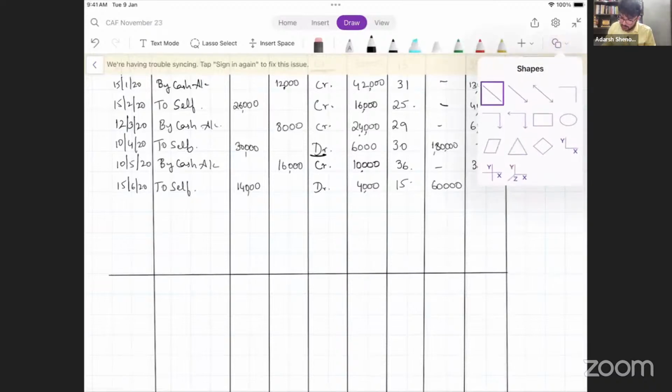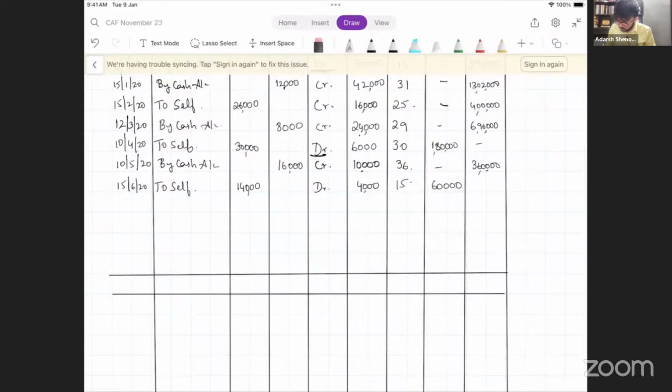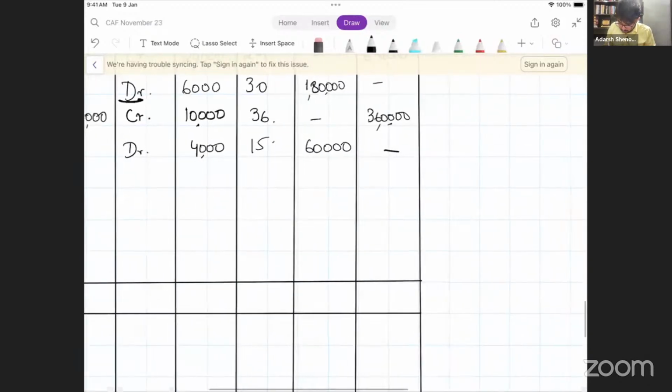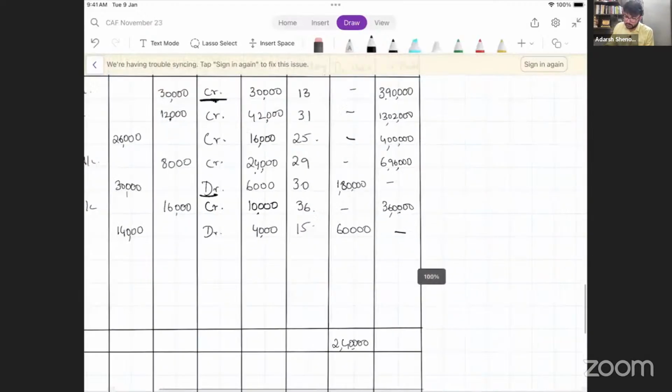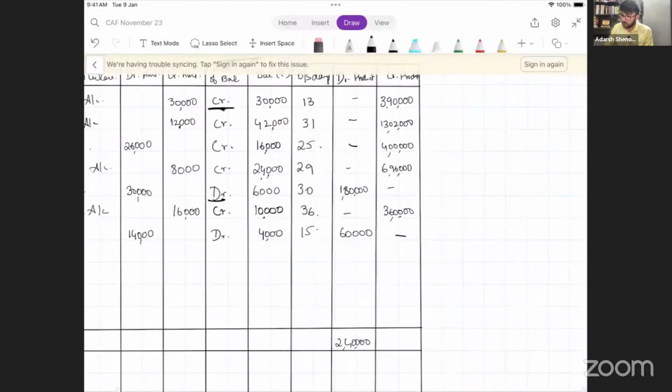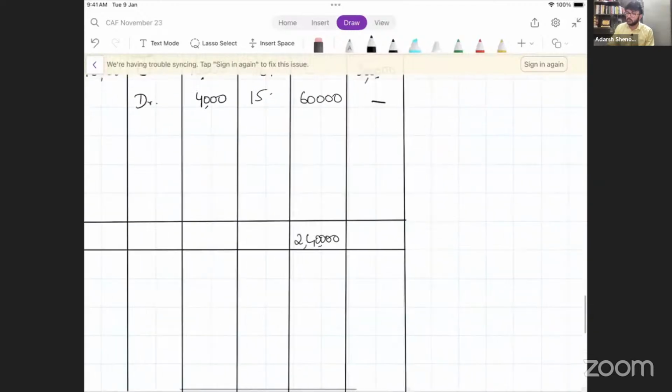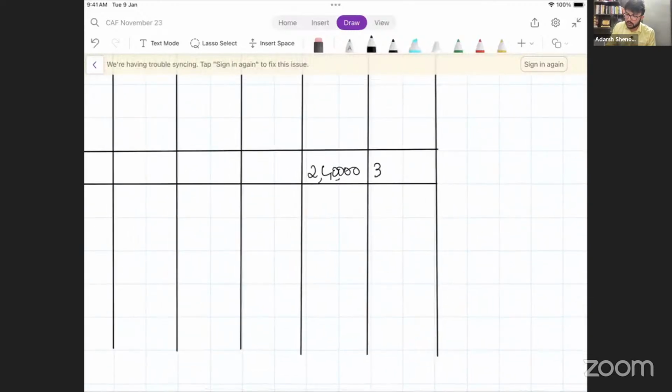Not calculating balance, calculating the total of the products. Debit product total is 2,40,000. Same way, calculate the total of the credit products as well. 3,90,000, 13,02,000, 4 lakh, 6,96,000, 3,60,000. 31,48,000 is the credit product.